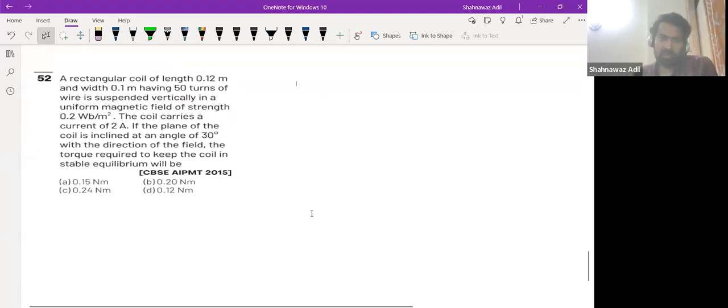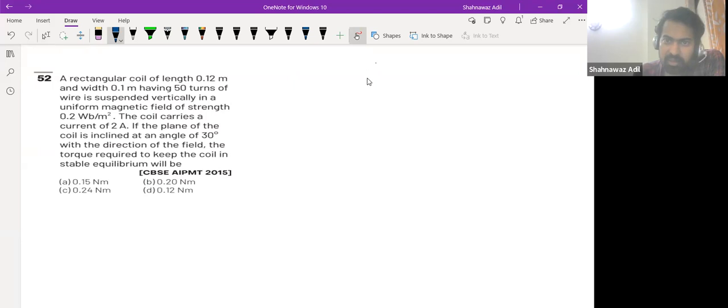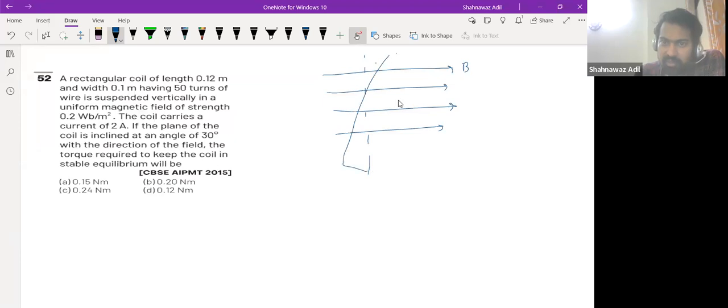So this is a coil, right? And let's say this is the magnetic field, and the coil is inclined at this angle, on this side.